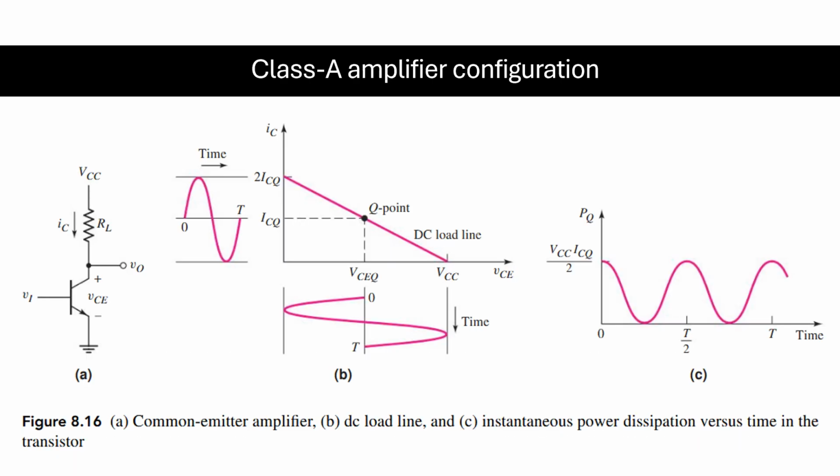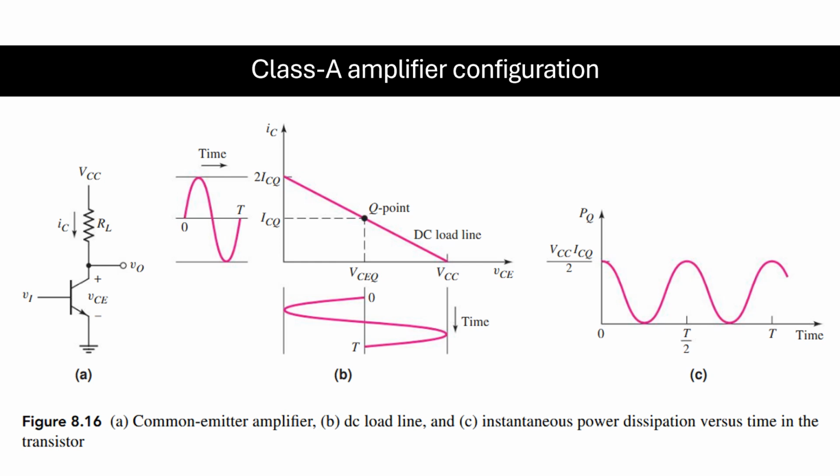So now let's check the class A amplifier configuration. It is very simple, and very similar to the common emitter amplifier that we discussed previously. Again we supply the input voltage across the base terminal, and we collect the output voltage at the collector terminal.